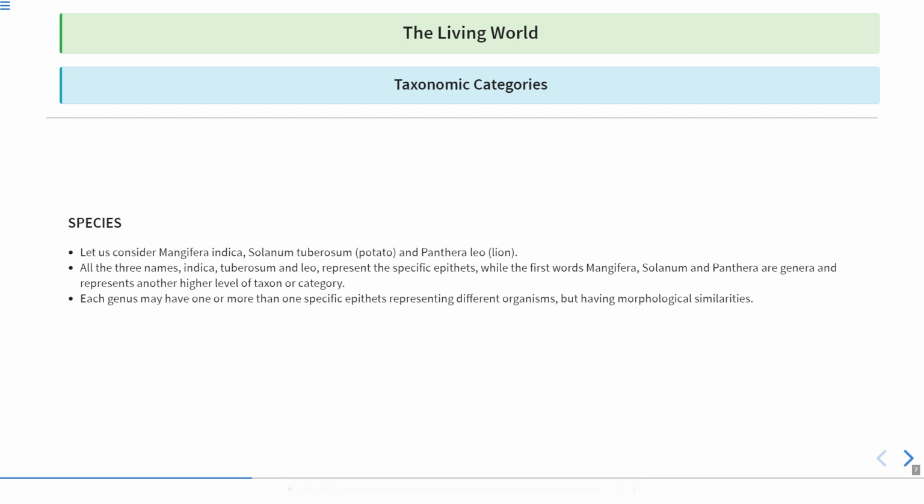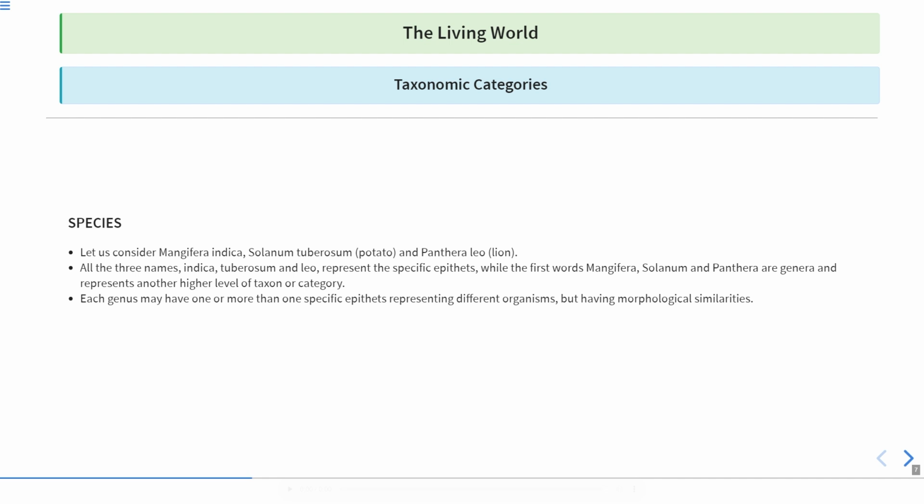Each genus may have one or more specific epithets representing different organisms but having morphological similarities, right? So there must be one genus which could have different species, but they must have some morphological similarities. The morphological similarities are because of their same genus.